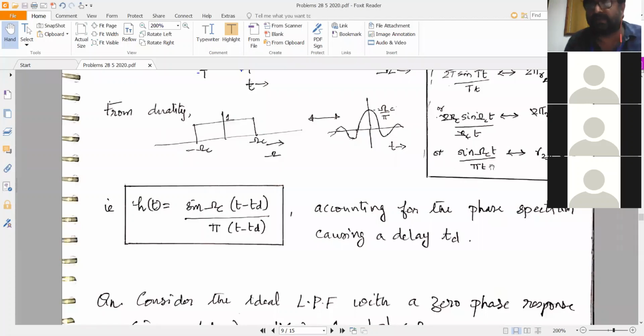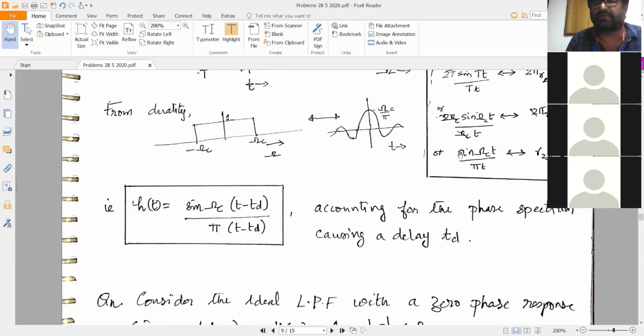So what is its peak value, which is at t equal to 0? You can apply L'Hospital's rule to find the value at t equal to 0. Taking the derivative of the numerator, it becomes omega c cos omega c t by pi. Put t equal to 0, so cos omega c t becomes equal to 1.